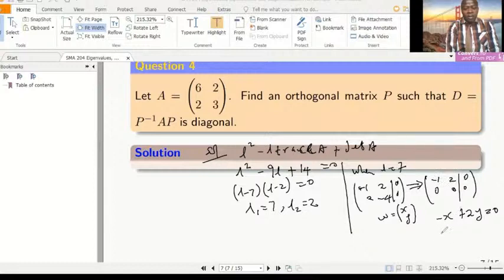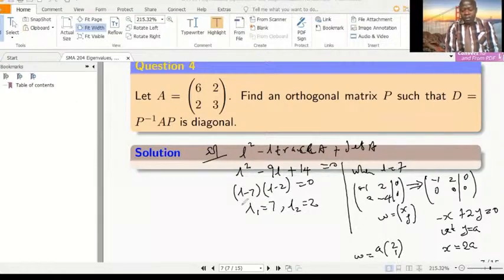So let y be a. That means x becomes 2a. So W will then be a times (2, 1). So the first eigenvector is (2, 1).